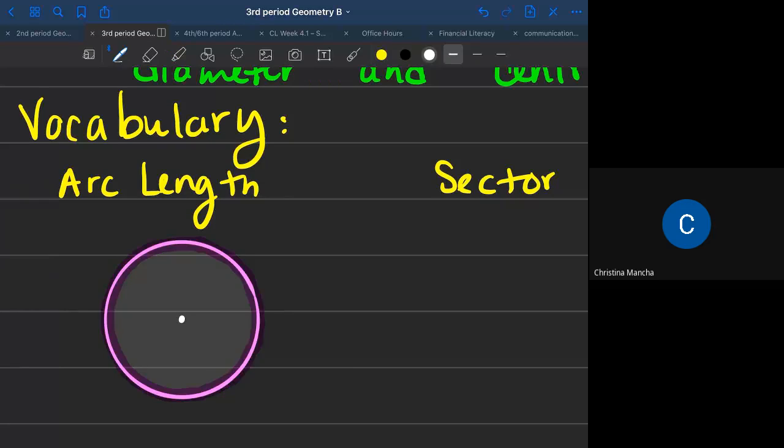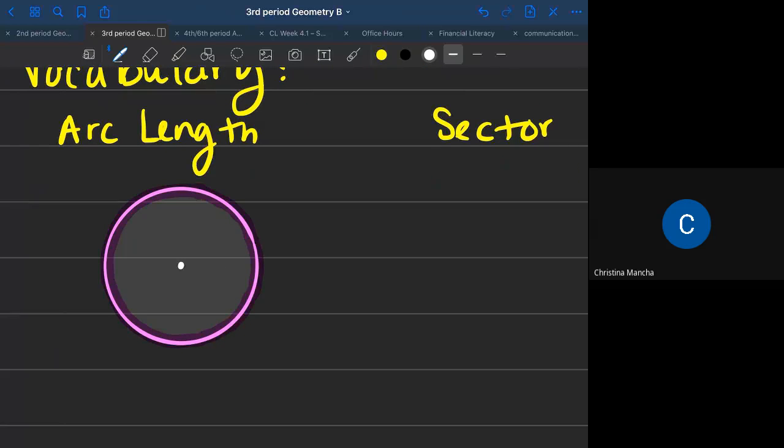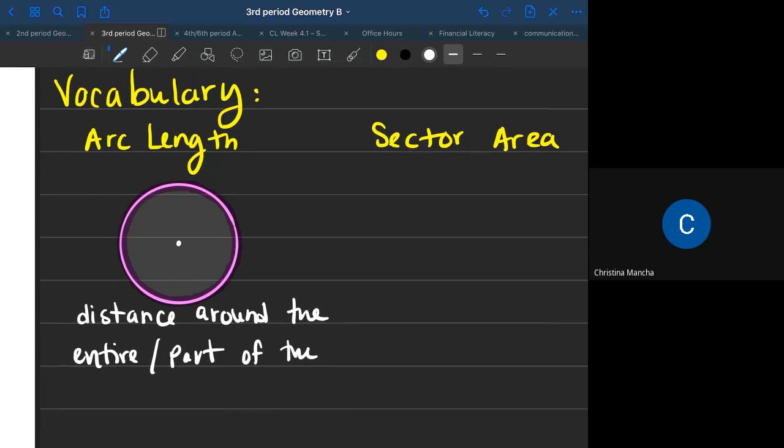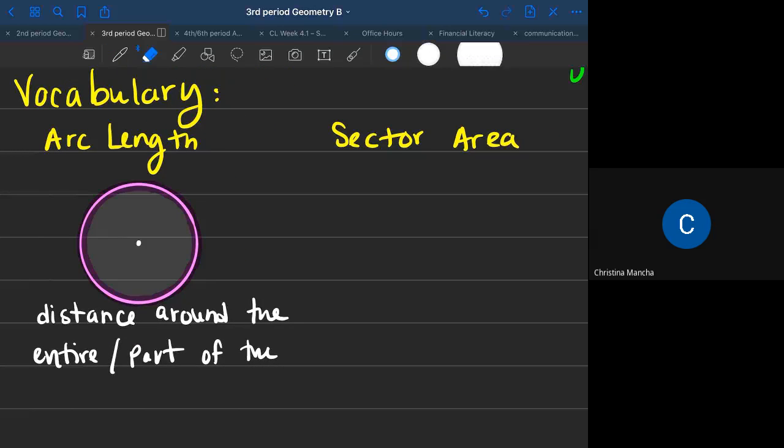So our arc length is the distance around the entire or part of the circle.